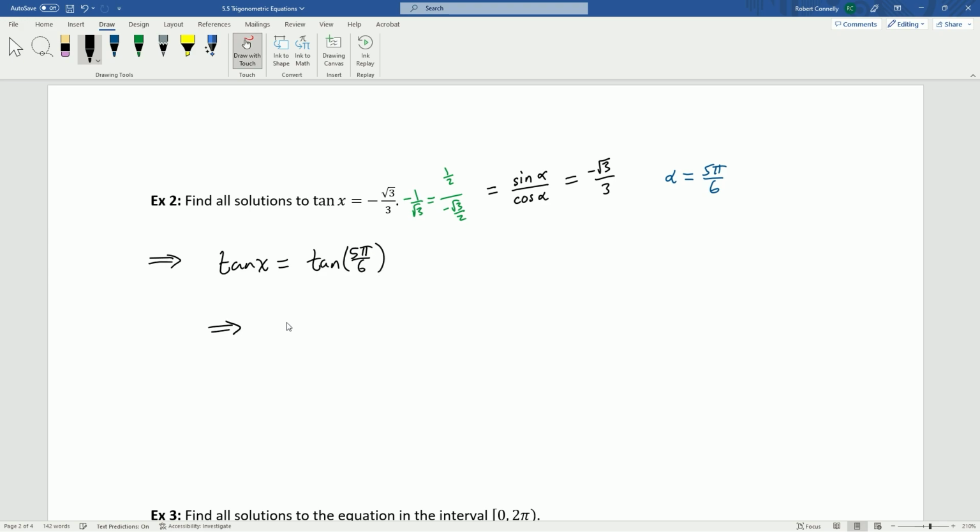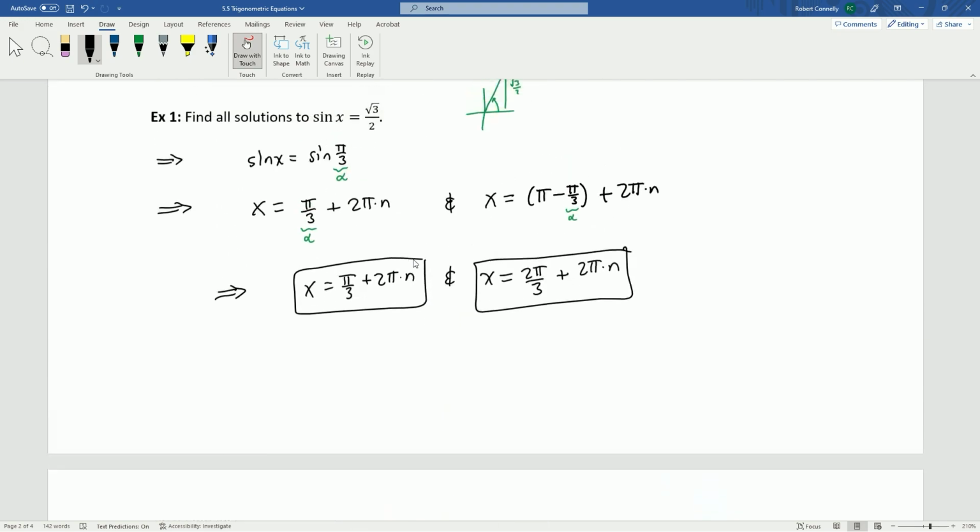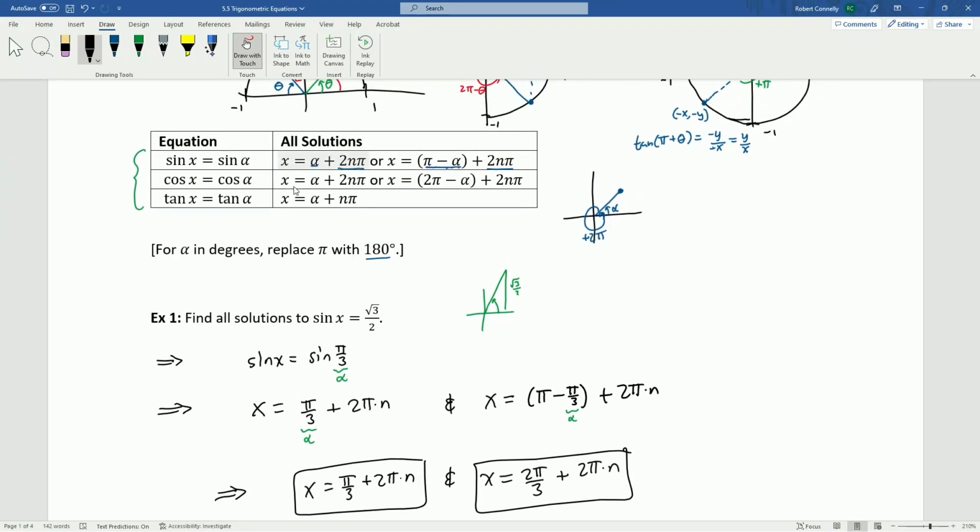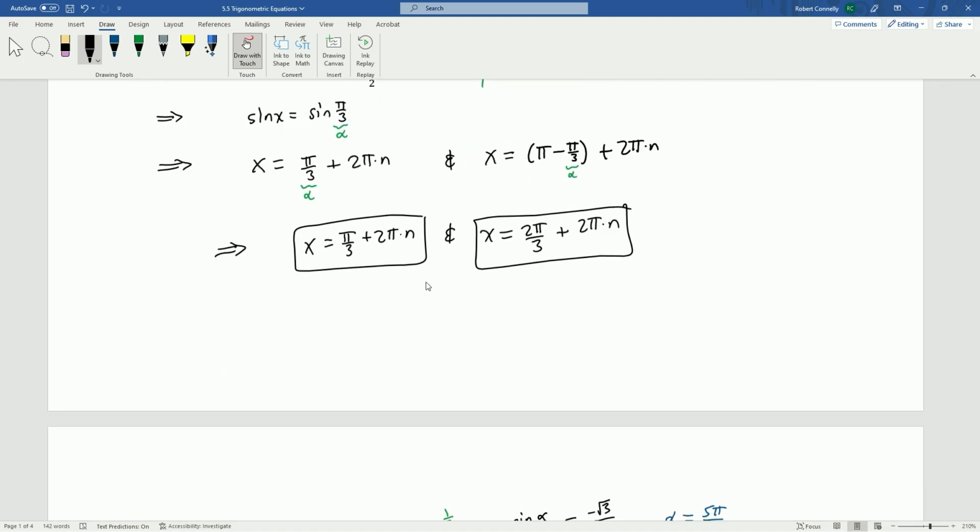And that tells me all solutions come in the form 5 pi over 6 plus an integer multiple of pi. So again, tangent is the nice one where all of its solutions come in the one equation. That's just a multiple of a single pi, as opposed to the 2 pi multiple.